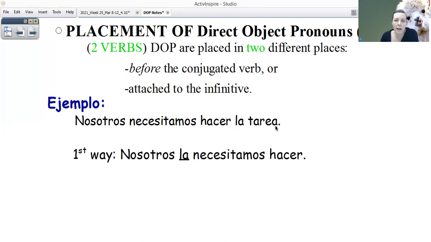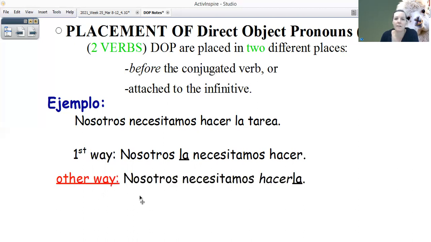Okay, you totally cut it out. You don't have to use it anymore. When you replace it, you replace it and it's gone. La refers to la tarea. Nosotros la necesitamos hacer. That's your first way. The second way, or the other way, is because we have a second verb, we can simply attach it to the second verb. Nosotros necesitamos hacerla.